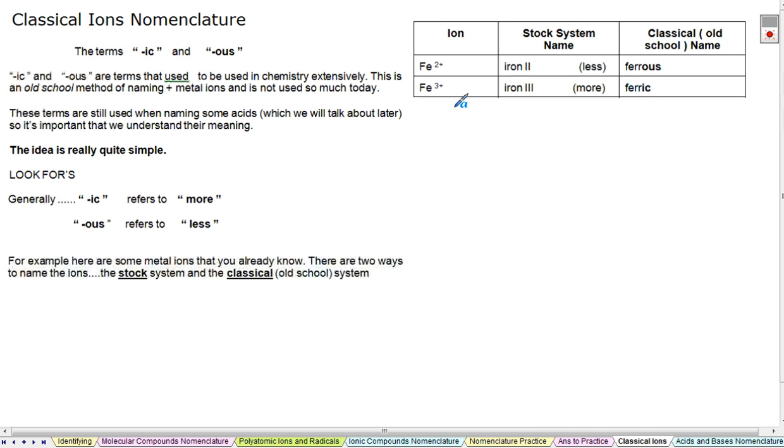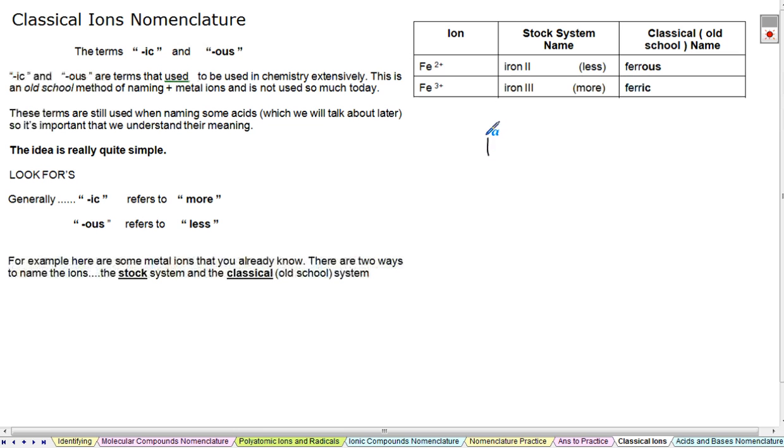Iron is a multivalent metal, and it can have a charge of +2 or +3. Now, what we do here with the classical method is we use the ending "ic" when we have the greater charge, and the ending "us" when we have the smaller charge.